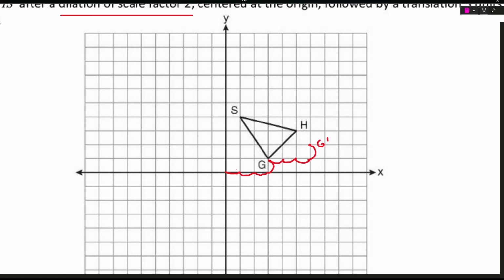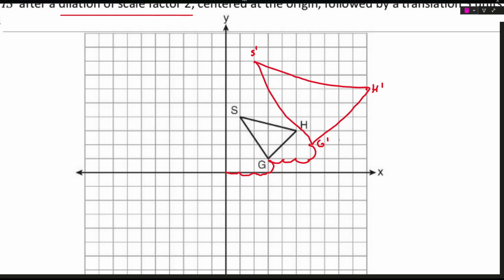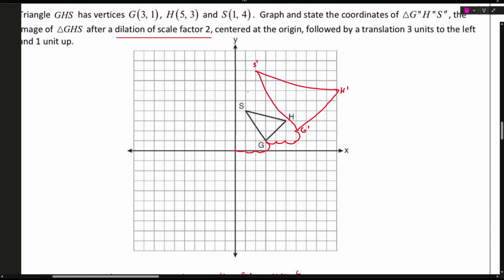And then for H, it's to the right 5 and up 3. This is the new H prime. And then for S, it's to the right 1 up 4. So right 1 up 4, that's the new S prime. All right, and then if we were to just connect these, let's just say that looked nicer, but that's okay.